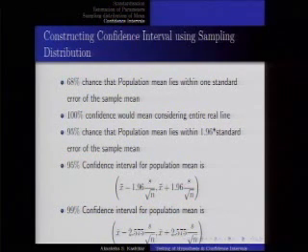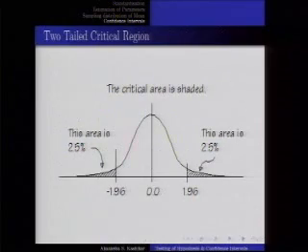Similarly, if I want to extend my confidence level a bit, I may want to be say 99% confident, then I would have to use 99.5th percentile. So it is 2.575. So this is 99% confidence interval for population mean. Here is a graph to represent the same. You can see this is a standard normal curve.